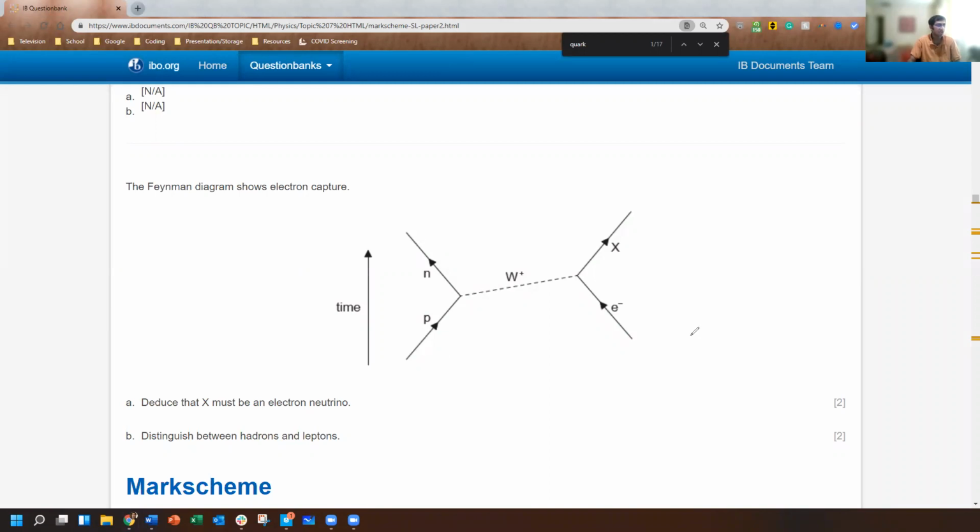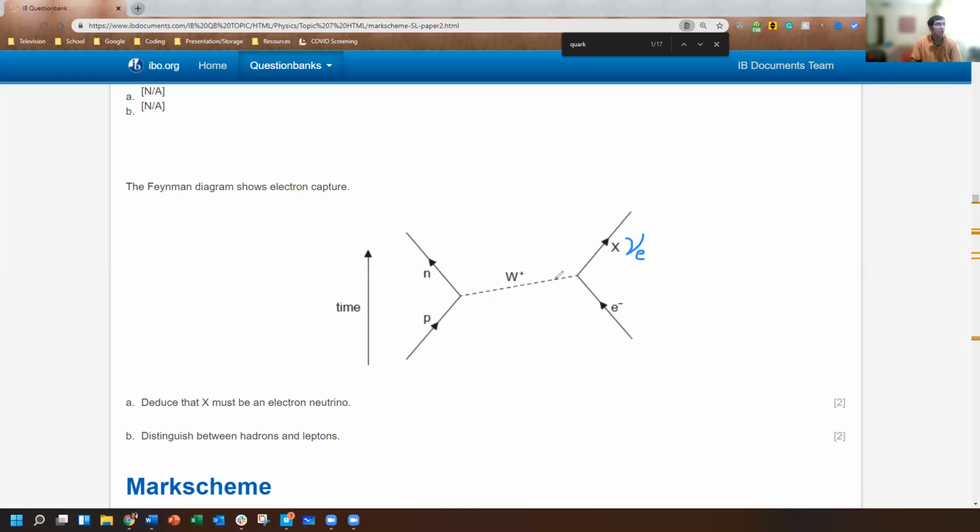It looks like a proton and electron are coming together, and what you get back is a neutron and X. The X has to be an electron neutrino. But why? Probably because of conservation of lepton number.